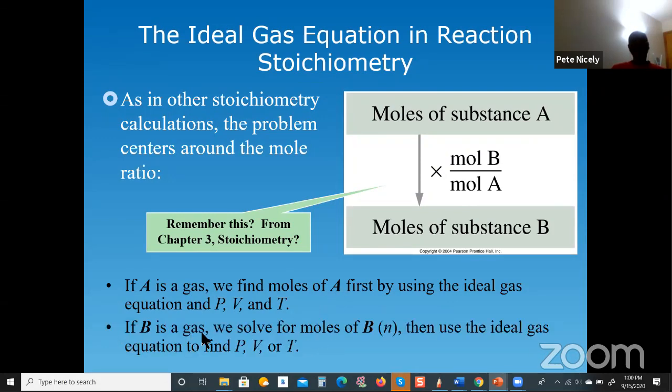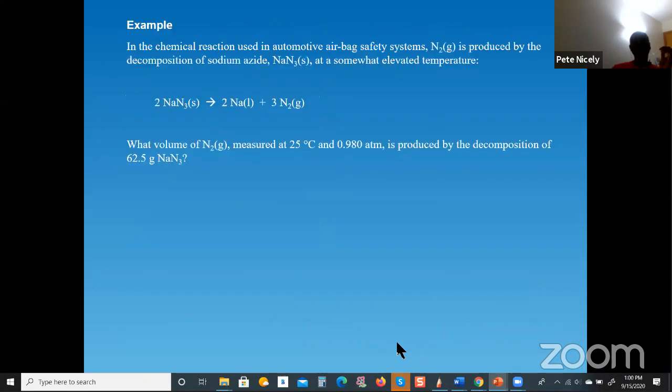If B is a gas, we can solve for the moles of B, again using the ideal gas equation. Or if you get the moles of B, then you can find P, V, or T using the ideal gas equation. And we're going to see an example of this right now.